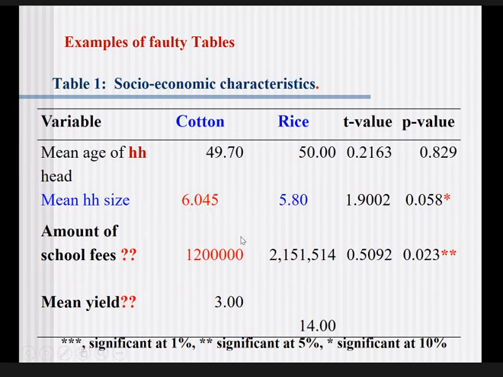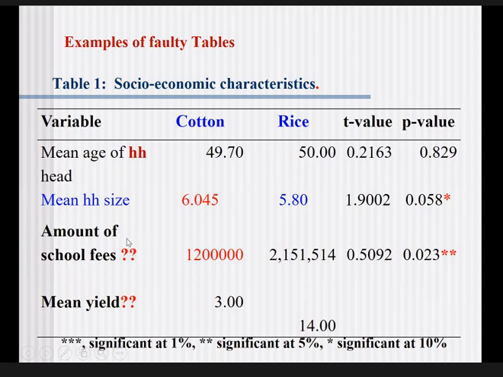And then amount of school fees, I put there question marks because the units of measurement are not indicated. What is this amount? Are they dollars? Are they shillings? If they are shillings, are they per term? Are they per year?